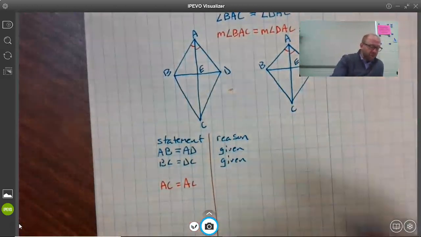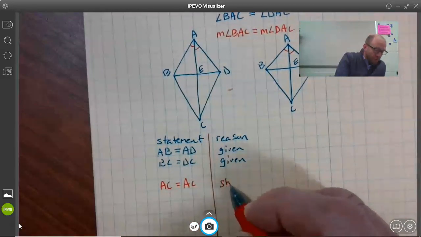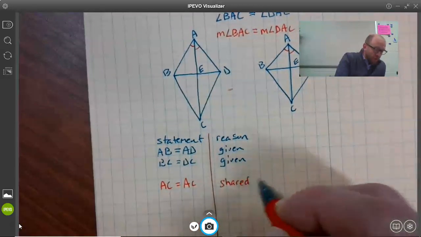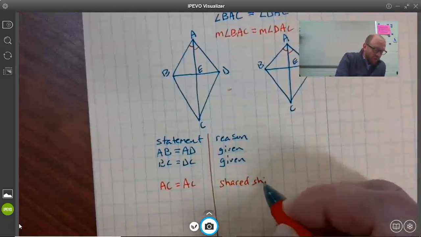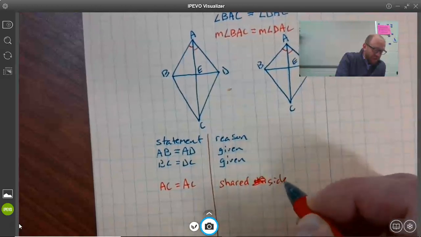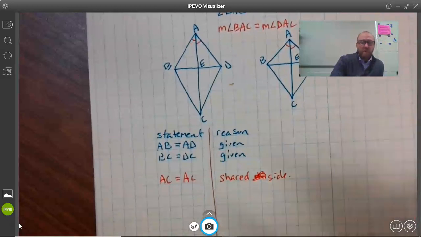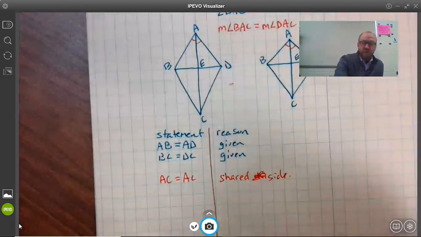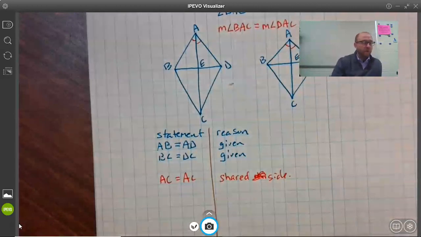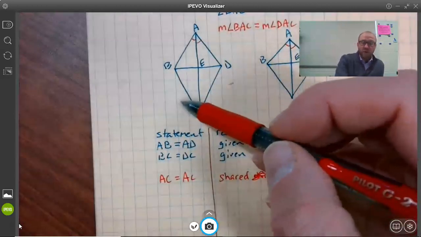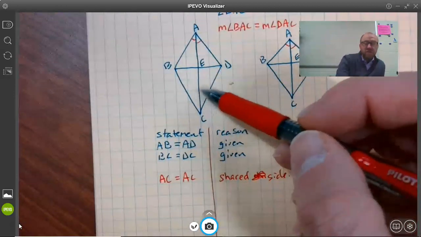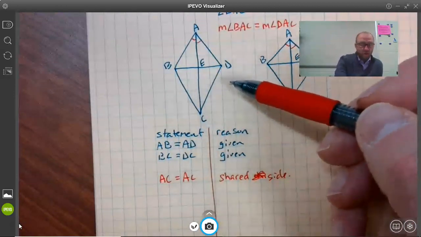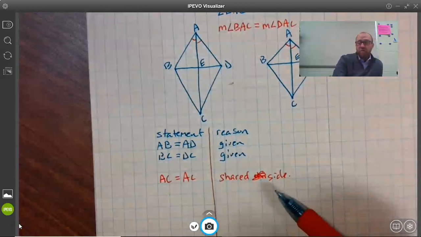And our reason for that is, now in the book, they call it shared side. Because if you look here, triangle ABC and ADC both share this side. So we know that side AC for the triangle on the left is the same as side AC for the triangle on the right, because it's shared by both triangles.